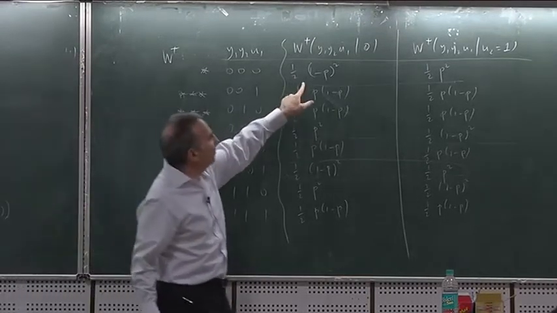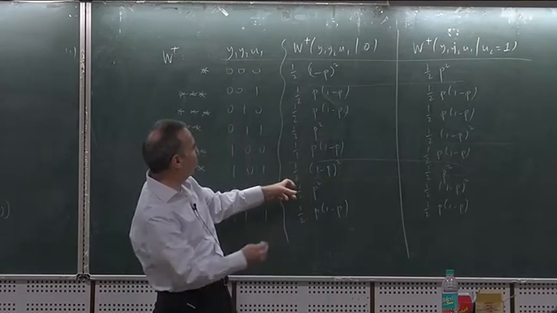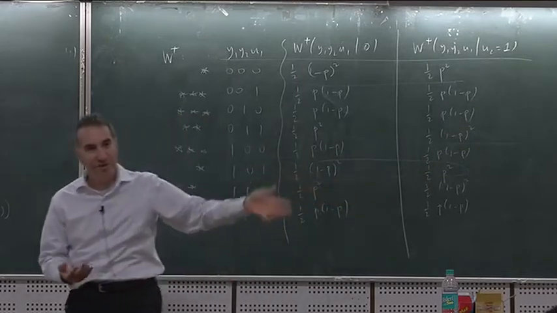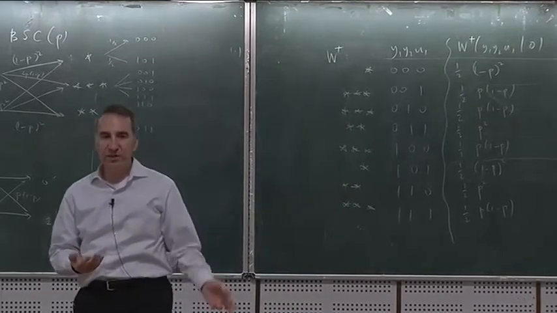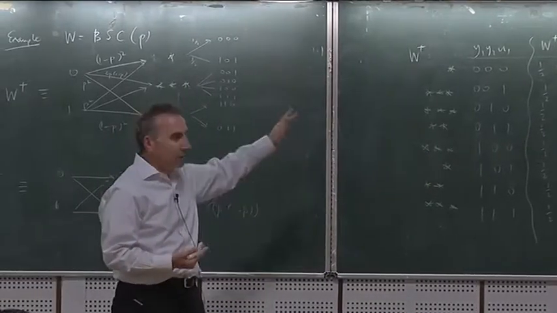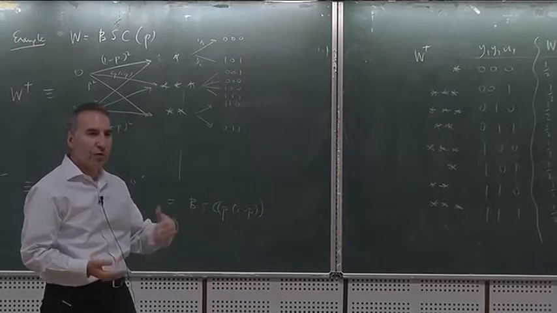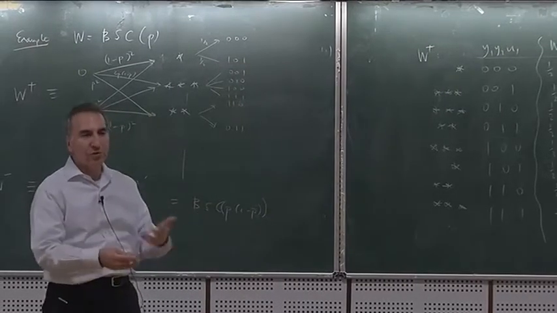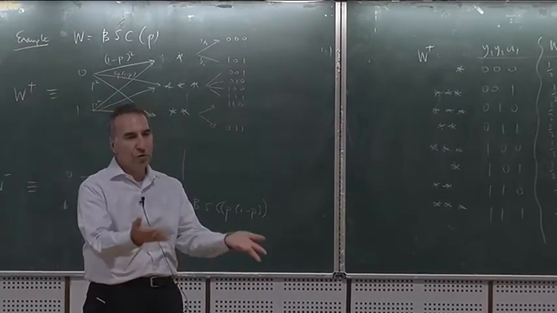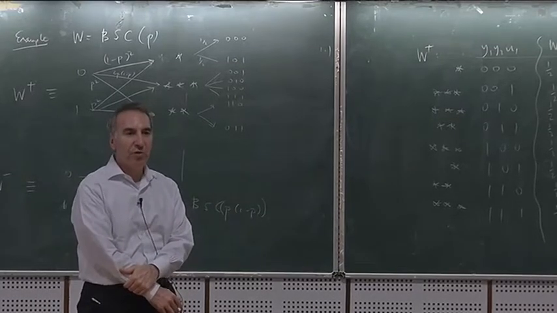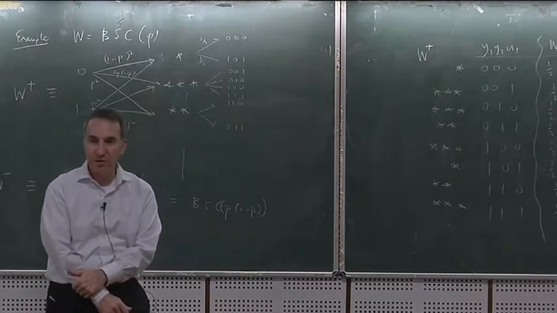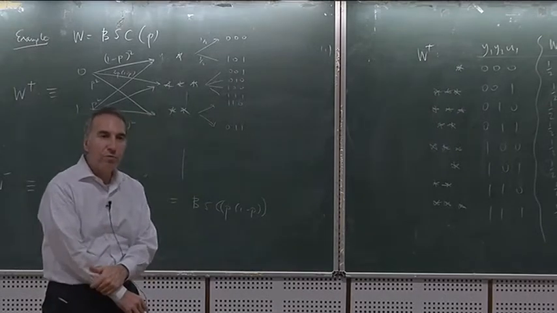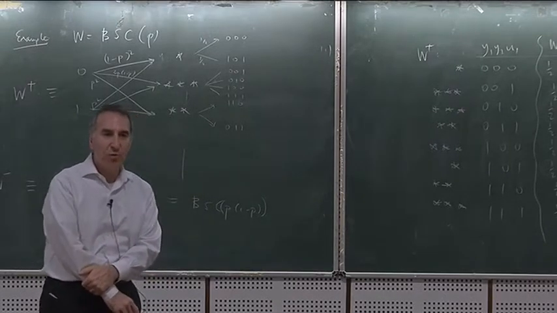The ratio between this value and this value is exactly the same as the ratio between that value and this value, because they happen to be the same in this particular case. For the triple stars, the likelihood ratio is exactly 1, and so forth. So if you want to look at the log likelihood ratio, symbols with the same likelihood ratios can be merged, because that's the only statistic which counts. The sufficient statistic of the channel is the log likelihood ratio. All these concepts are equivalent.